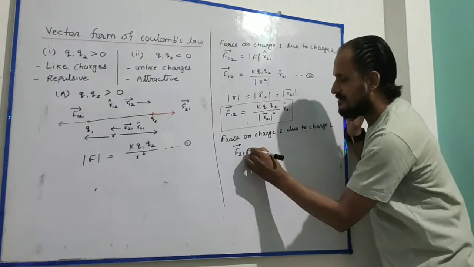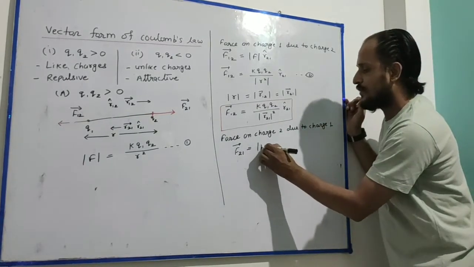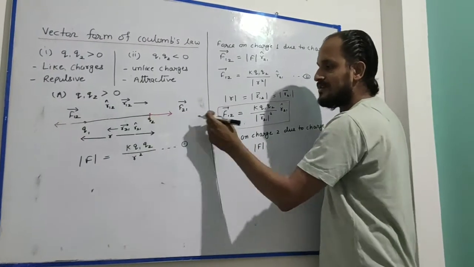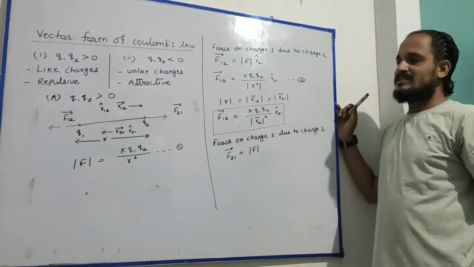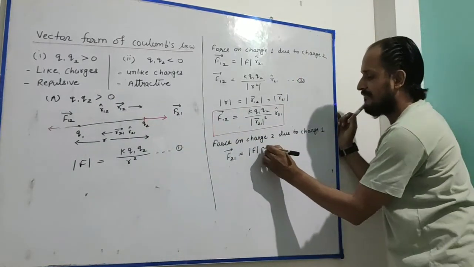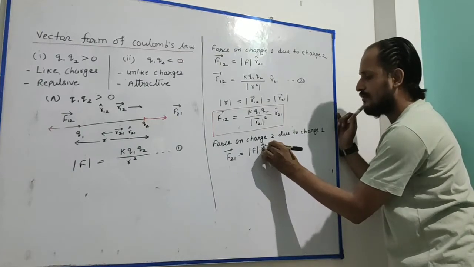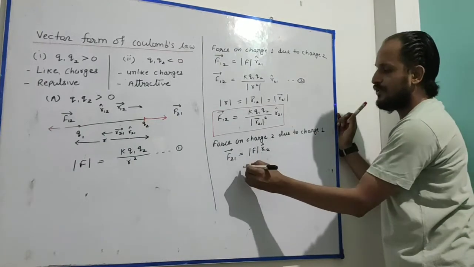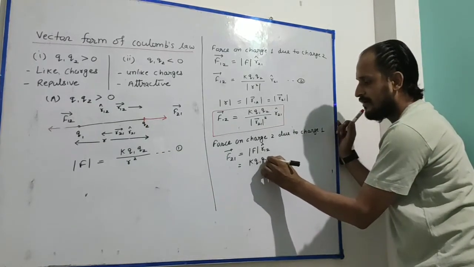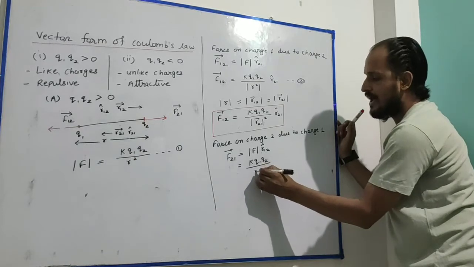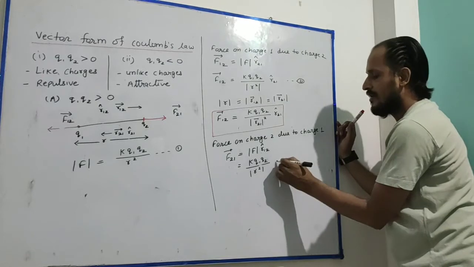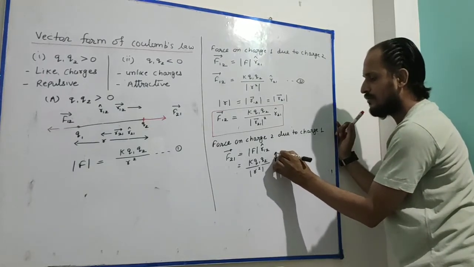F21 vector is equal to the magnitude of force, and now the direction of F21 vector is towards the right. Which unit vector is acting towards the right? It is R12 cap. Here we will put R12 cap. So now we put the magnitude of force, which is the same, K Q1 Q2 upon R square, or R12 cap.